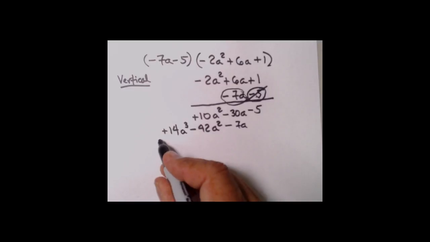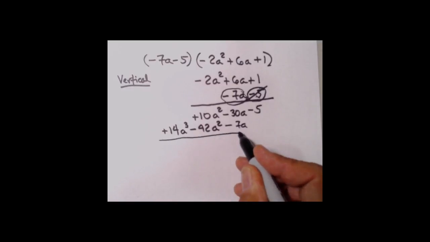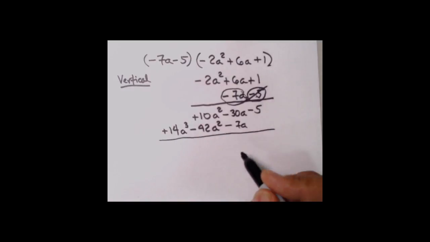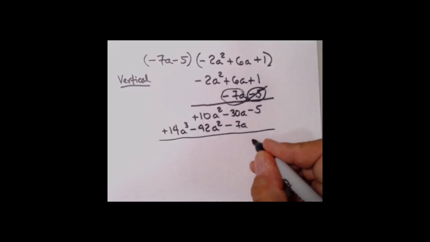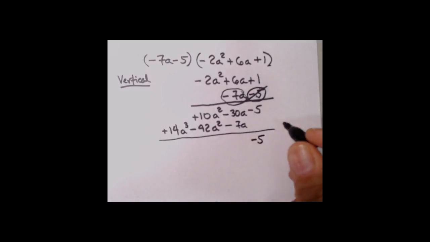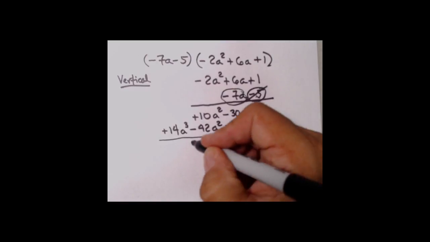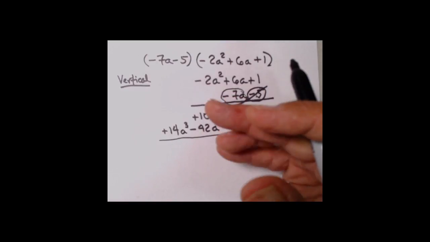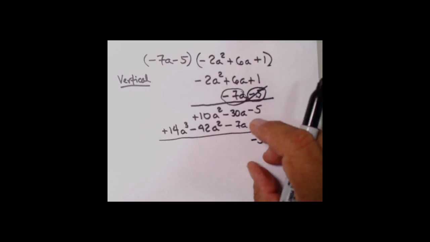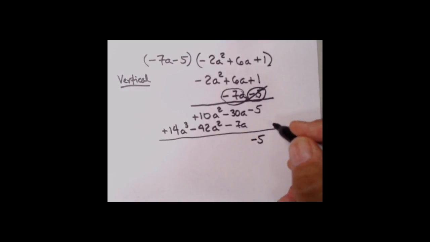Now, again, the nice thing about the vertical method is that you've got everybody lined up in like terms, so it's real easy to add them. Remember, you do your multiplying to get the partial products, but after that, you add and subtract, as we often call it, combine, to get your answer.